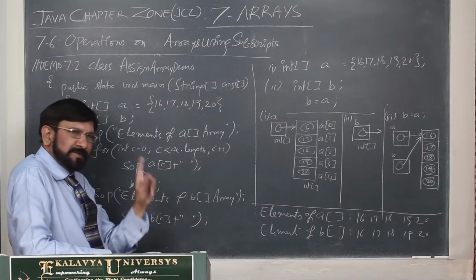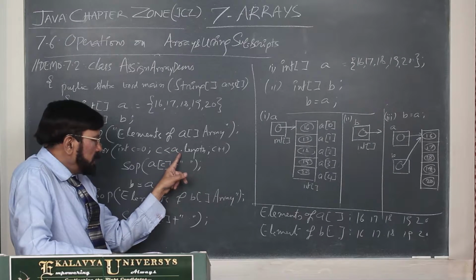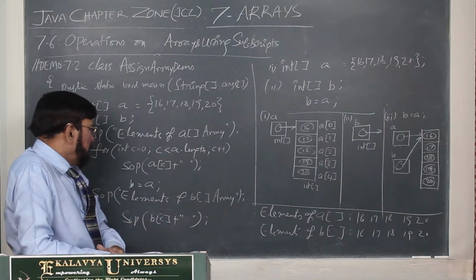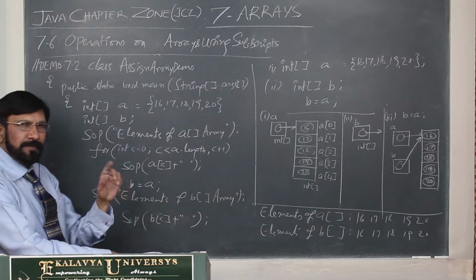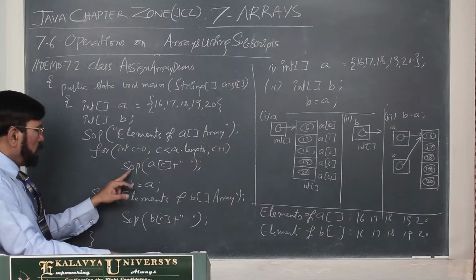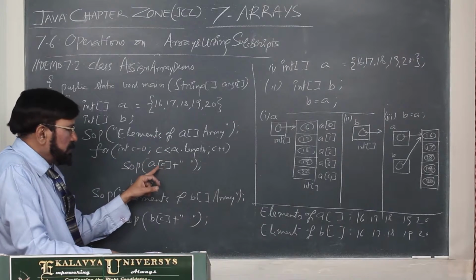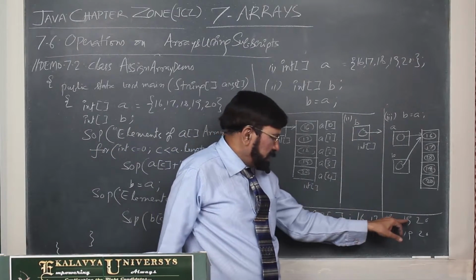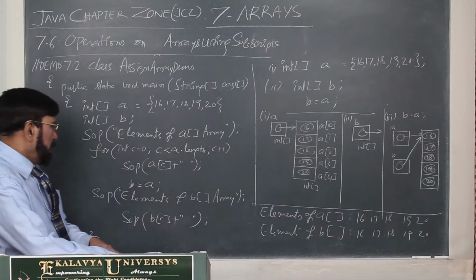So C is less than, don't use equal to, less than A dot length semicolon C plus plus. Thereafter SOP, actually for the sake of simplicity I write that system dot out dot println. So I am writing SOP A array, I am writing. As a result of that 16, 17, 18, 19, 20 values are written.